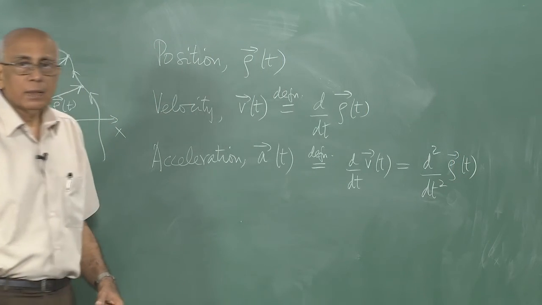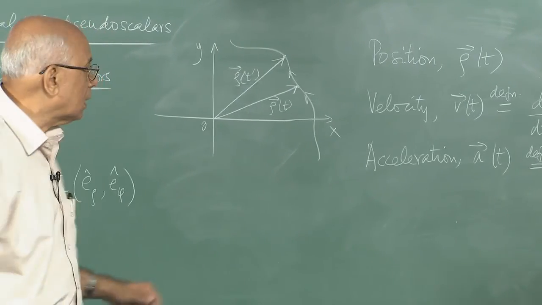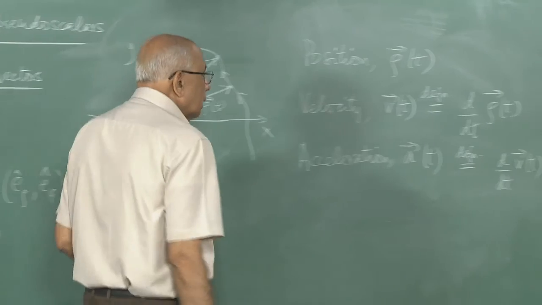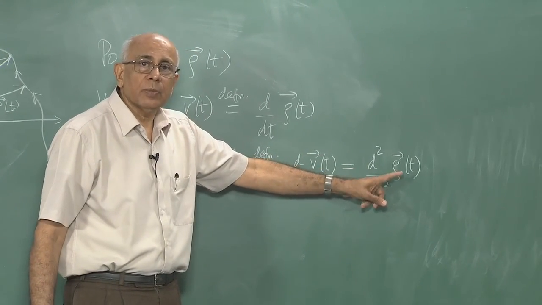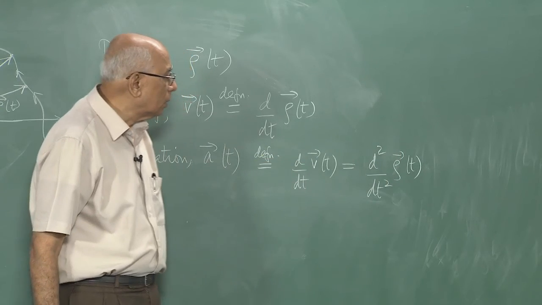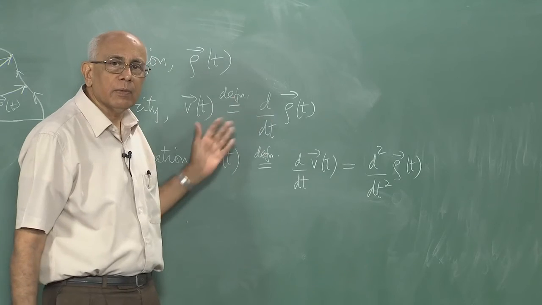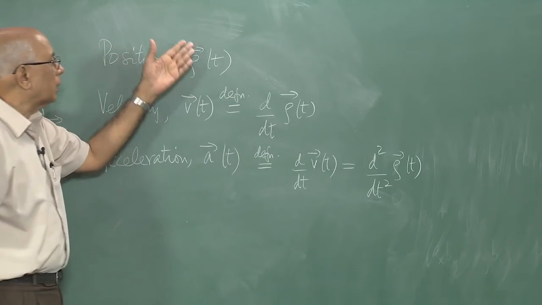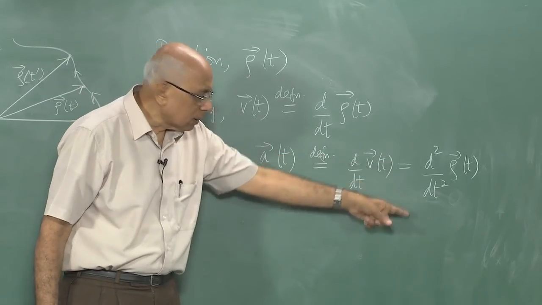So if you like, the problem of particle dynamics at this level is to say that if the second derivative with respect to time of the displacement or the position is given to you, can you work backwards and find the first derivative, namely the velocity, and then can you work backwards and find rho of t. These are derivatives, differentials.